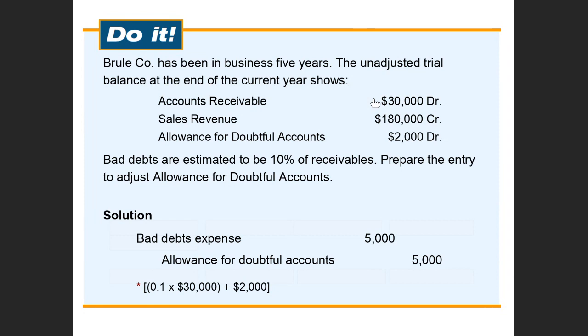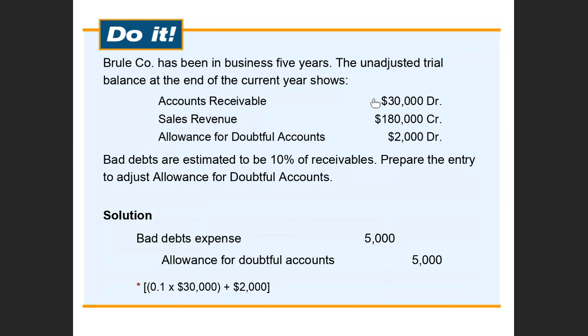So 10% of 30,000 is 3,000. This is a bizarre problem. You have a debit in the account allowance for doubtful accounts, and I don't understand the authors. Why do they have to do this? But this is what the author has done.